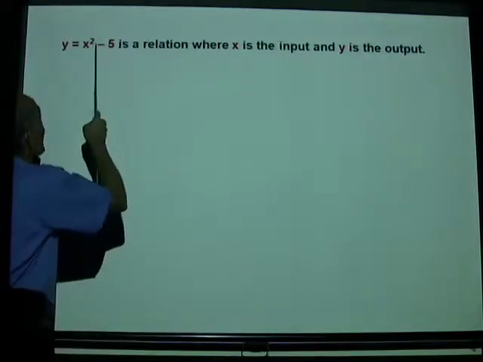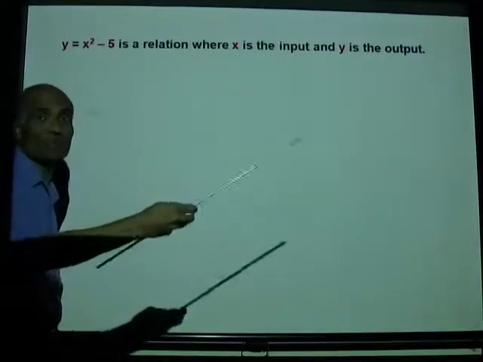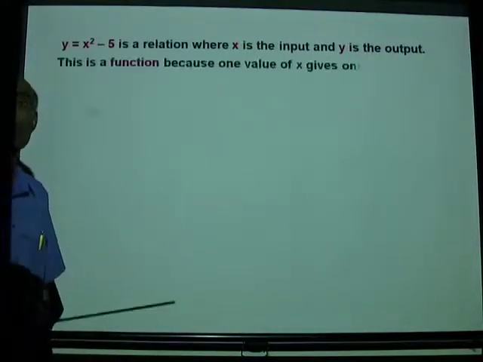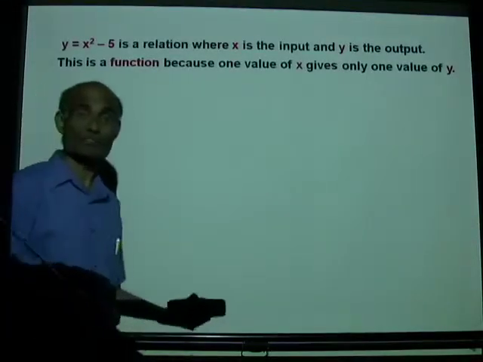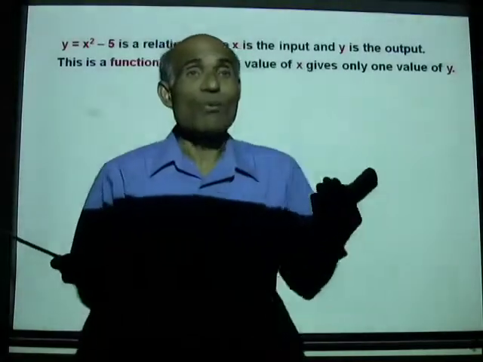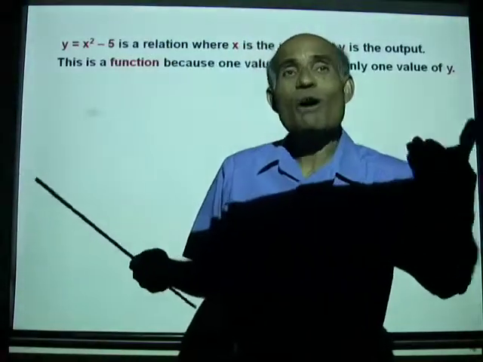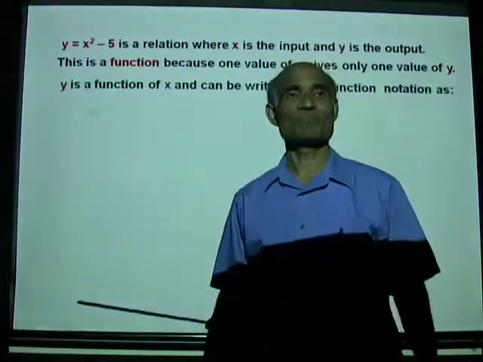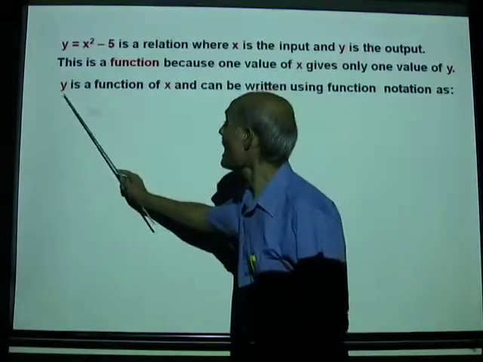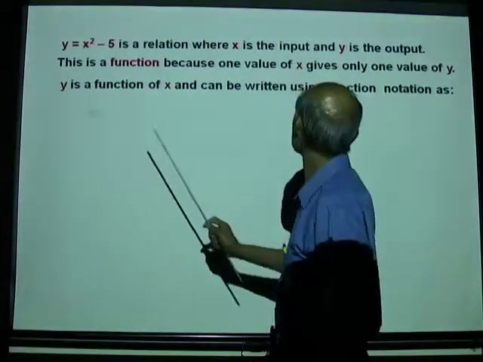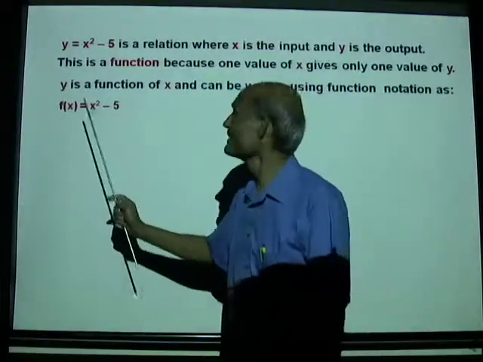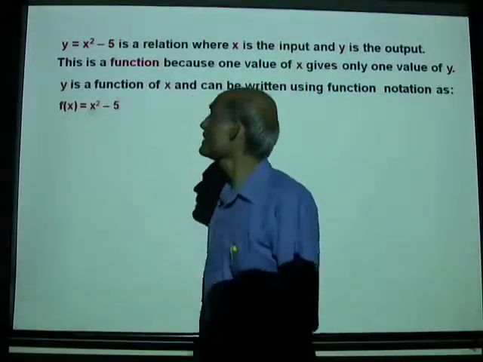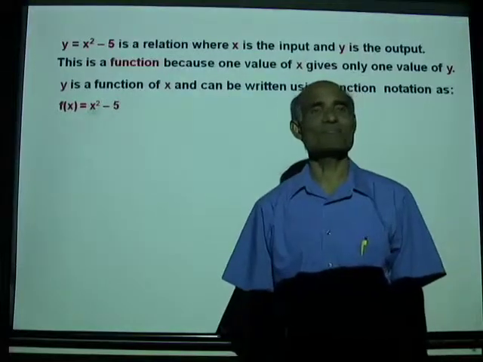And so x is called the input and y is called the output. This is a function because, as we said earlier, one input gives you only one output. Therefore, y is a function of x. And how do we write it using our normal notation? We can say f of x equal to x squared minus 5.